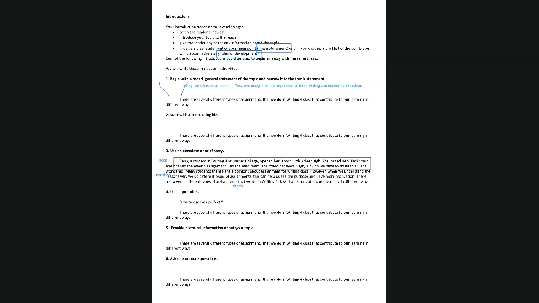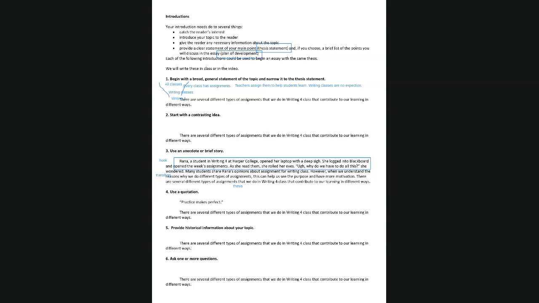So we move from very general, which would be all classes, to all writing classes, and then to Writing 4 and our thesis. Okay, that's one way that we can do it.